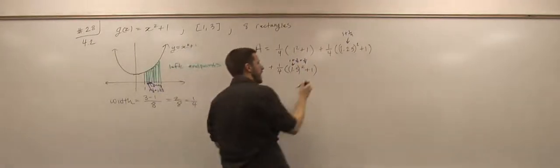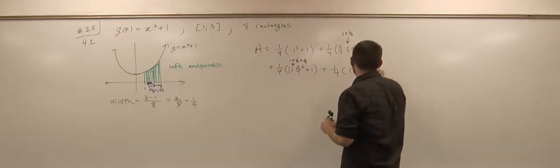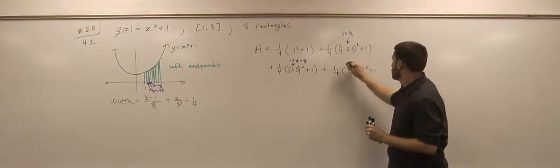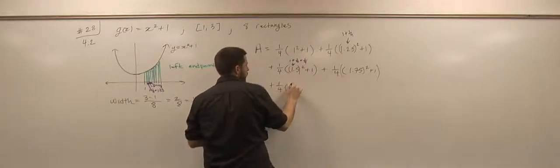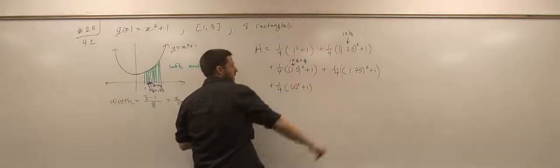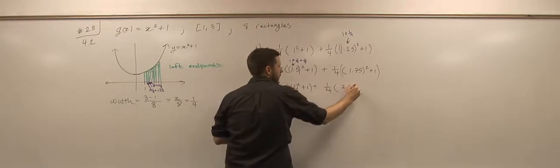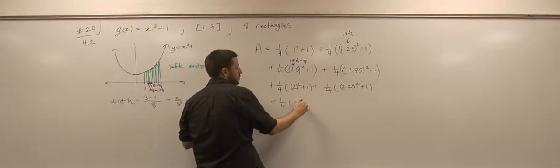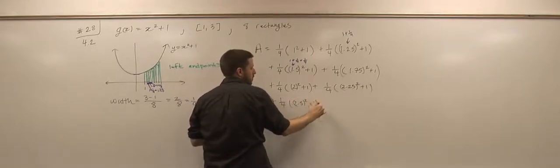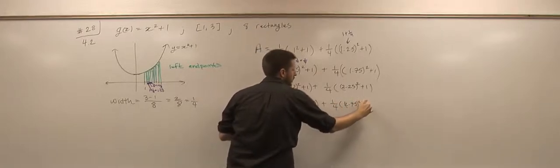And you continue in the same pattern until you get 8 rectangles. 1/4 times 1.75 squared plus 1. 1/4 times 2 squared plus 1, because if you add a quarter again, you get 2. 1/4 times 2.25 squared plus 1. 1/4 times 2.5 squared plus 1. 1/4 times 2.75 squared plus 1.